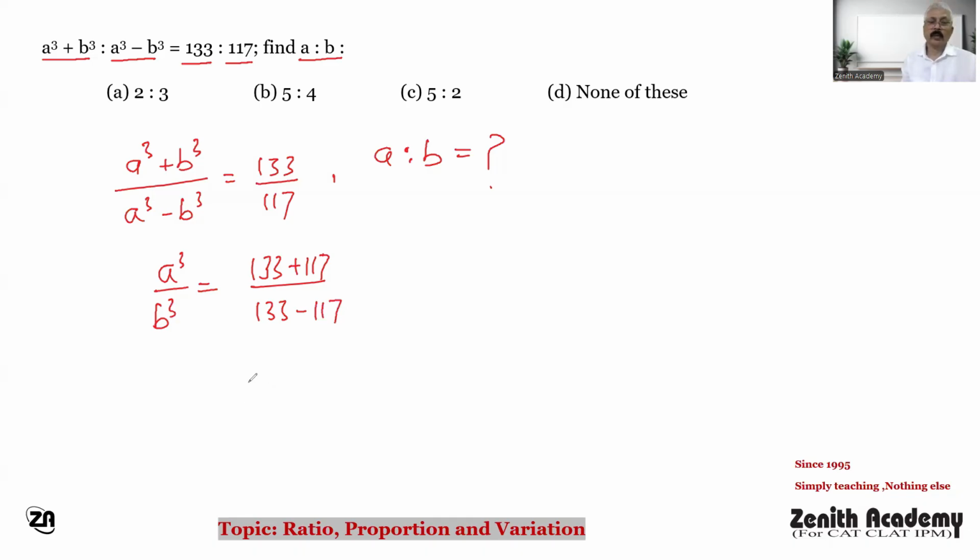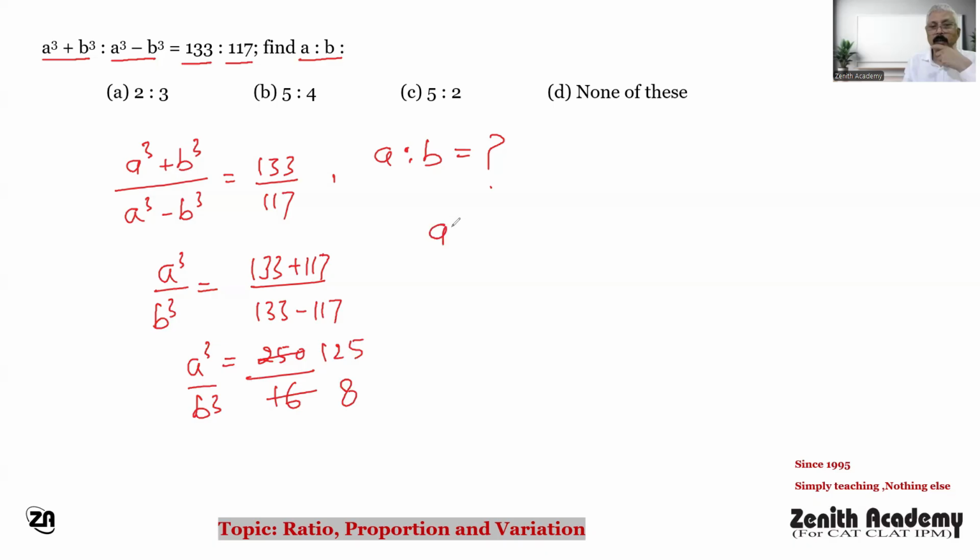Is it right? So this is 133 plus 117 upon 133 minus 117. It is coming 250. And here it is 133 minus 117. It's 16. So this is 125 over 8.